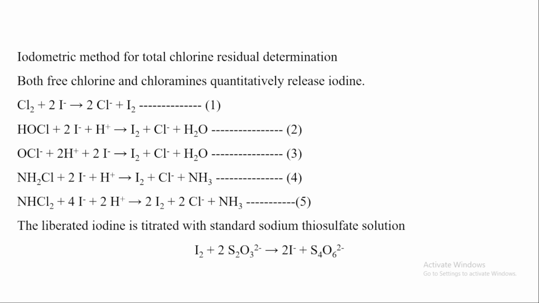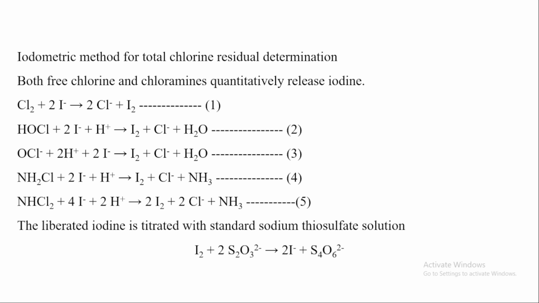The fourth reaction, monochloramines. These monochloramines can also react with the iodide ion and convert iodide into iodine, and ammonia is released. Similarly, dichloramines can react with iodide and the iodide gets oxidized into iodine.